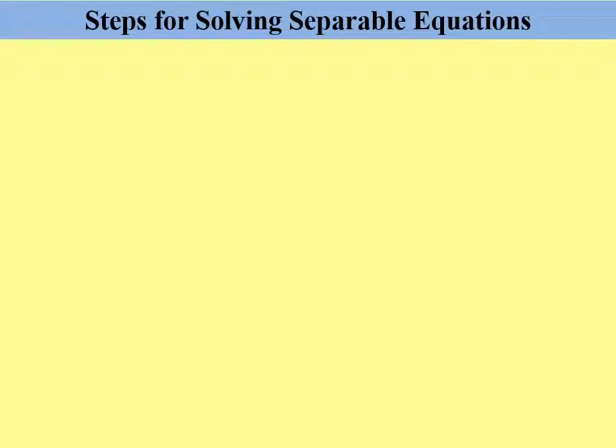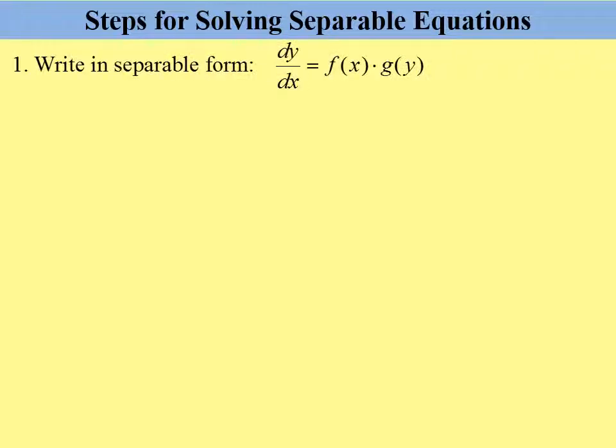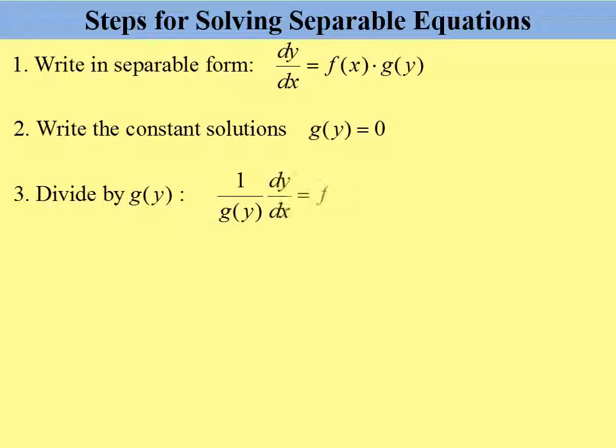So if we have separable differential equations, here's how we approach that. Now these are just the steps, and then I'll show you how we do them. We want to write in separable form. We want to figure out from the separable form what the constant solutions might be. We want to get all of the y's on one side, all of the x's on the other side, and then integrate.